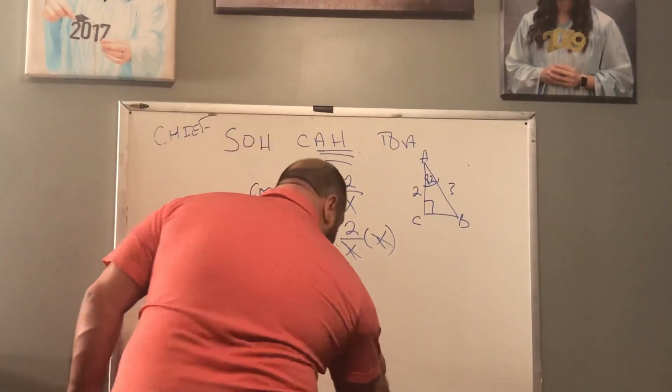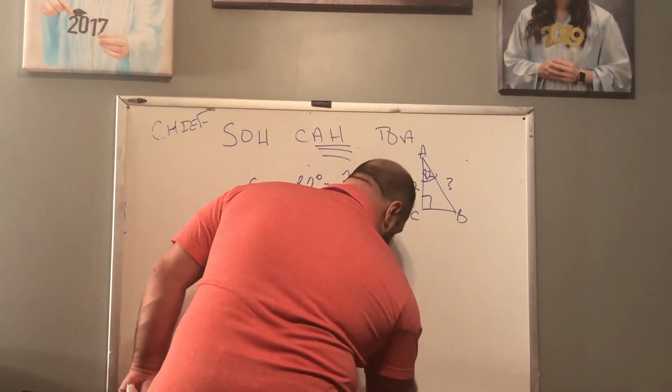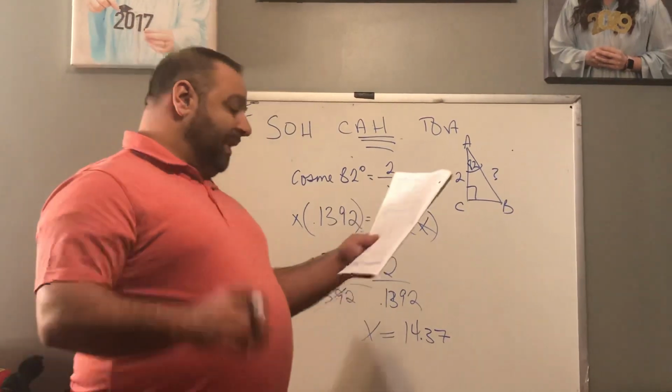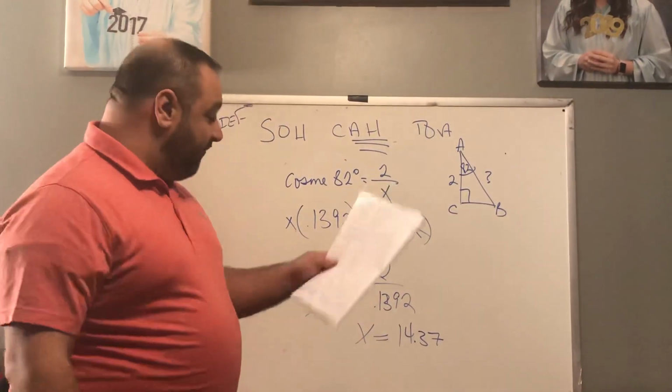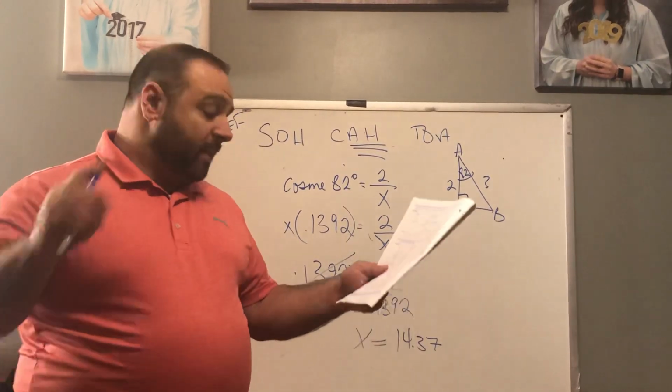You should have 14.37. So the length of AB would be 14.37. That's the answer for there.